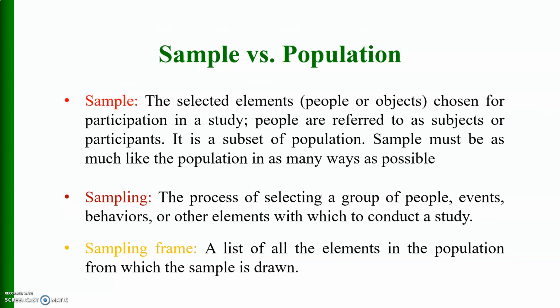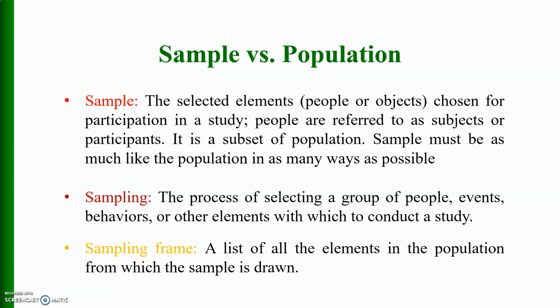After defining population, we will define a sample. A sample is a subset of the population, and the selected elements, that is people or objects chosen for participation in the study, and here people are referred to as the subjects or participants.